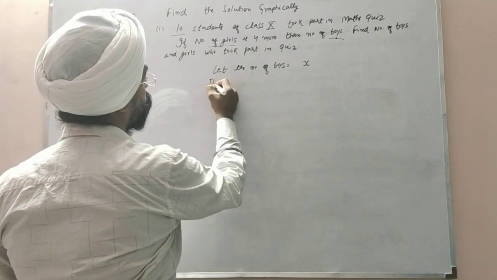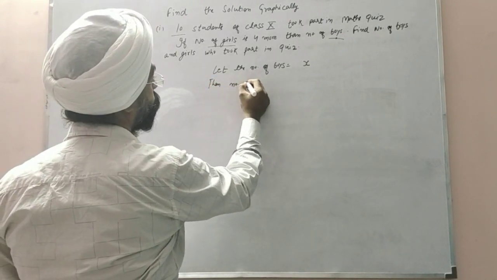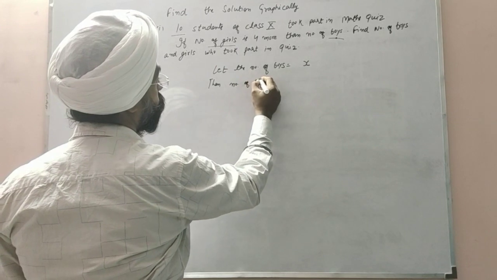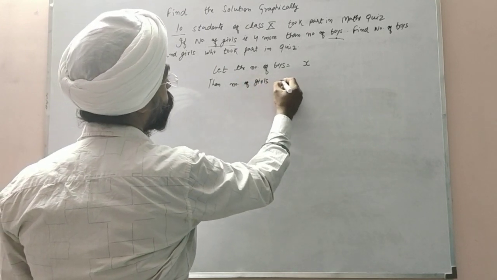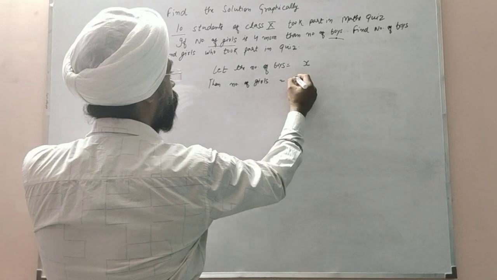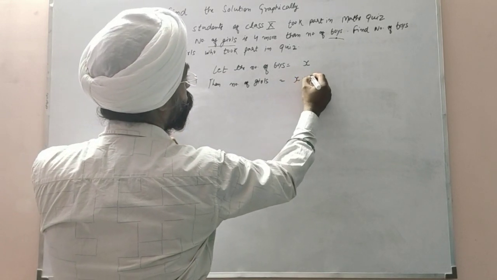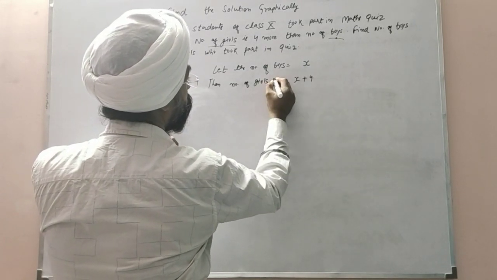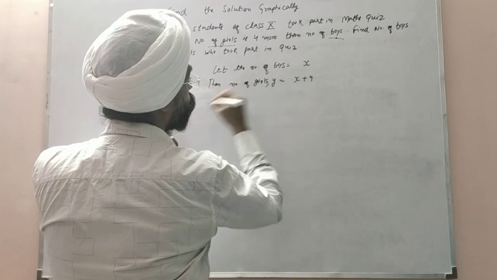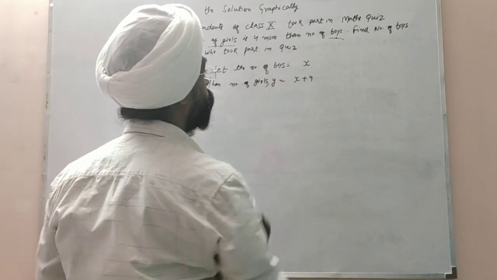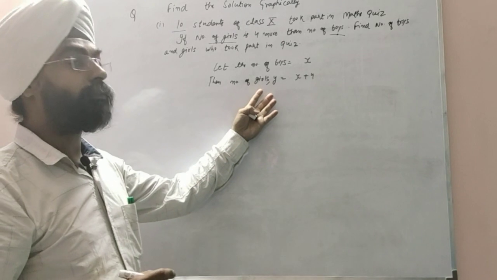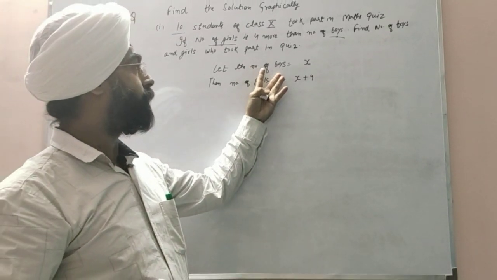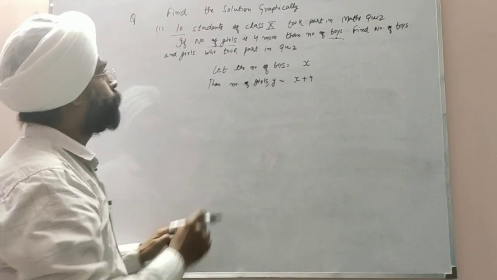Then the number of girls in class 10th will be 4 more, that is x plus 4. Or you can write it as y, and y will be x plus 4. Consider the number of girls as y and the number of boys as x.